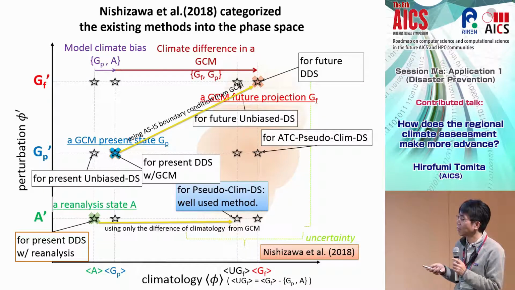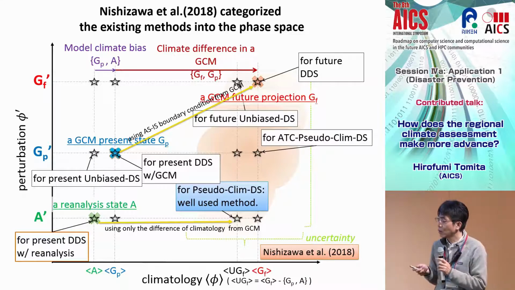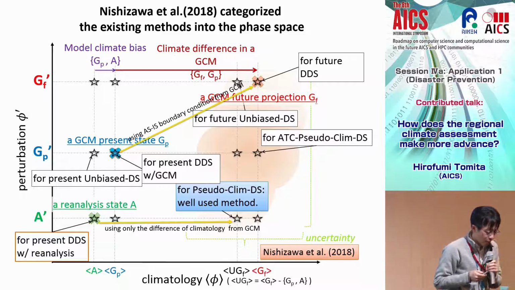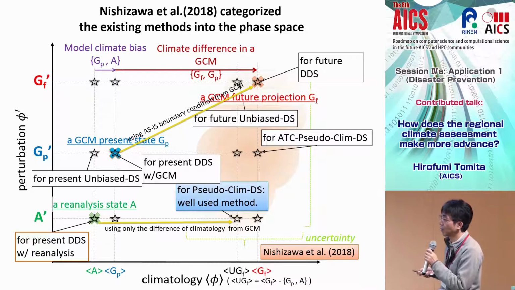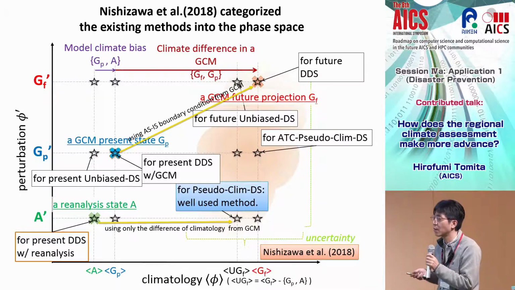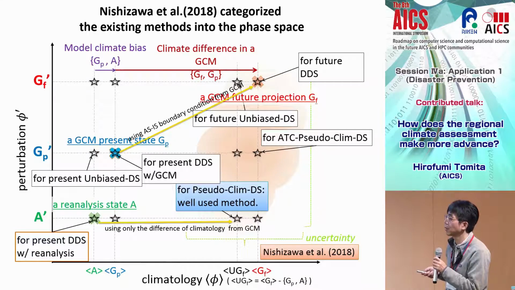This is the present DDS, and this is the future DDS. And also, one famous and well used method is the skewed climate downscale. This uses only the difference of climatology from the GCM.